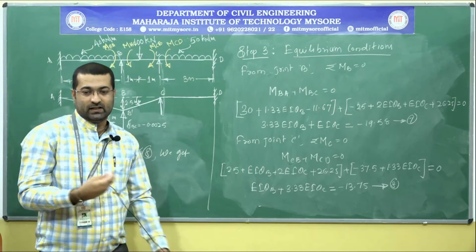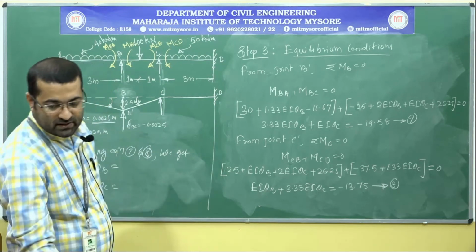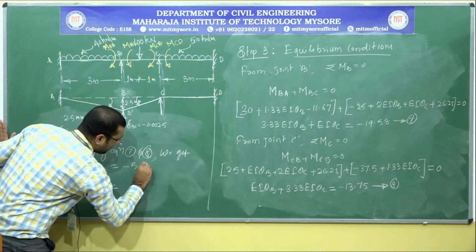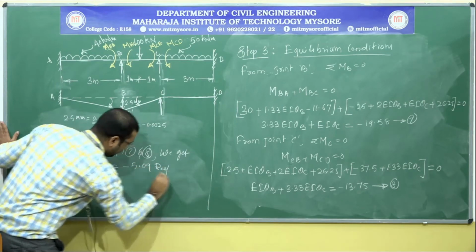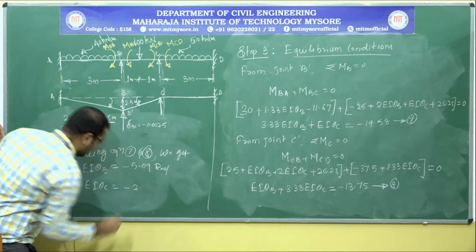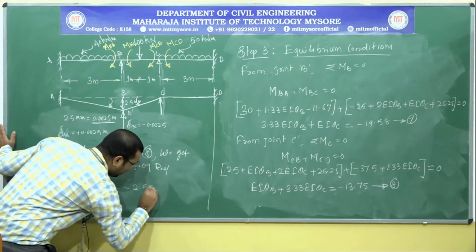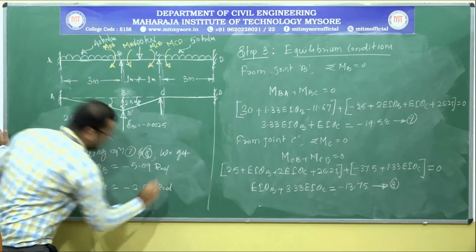The EI theta B value is minus 5.09 radians, and the EI theta C value is minus 2.59 radians.